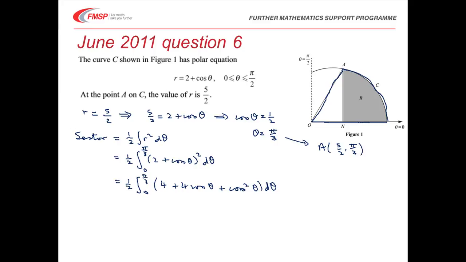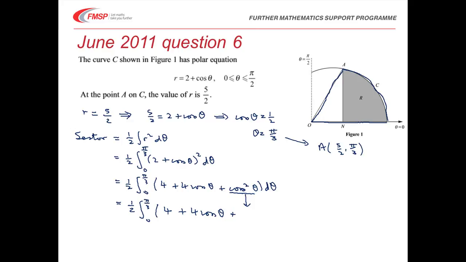The problem is the cos squared theta. So I'm going to rewrite this again. We're happy with the 4 and the 4 cos theta, but I need to think of another way of writing cos squared theta that doesn't involve the squaring. It's the squaring that's making it difficult to integrate.